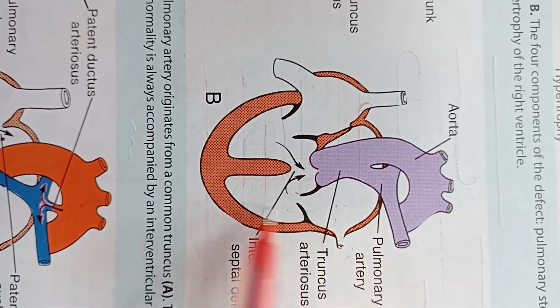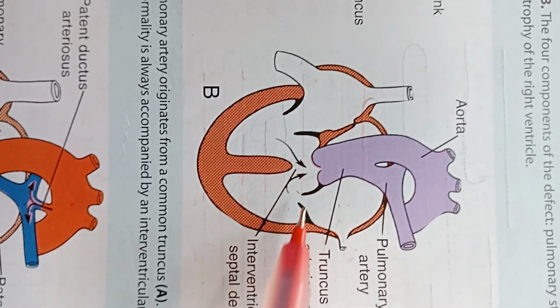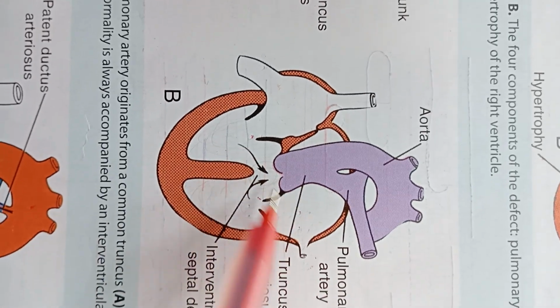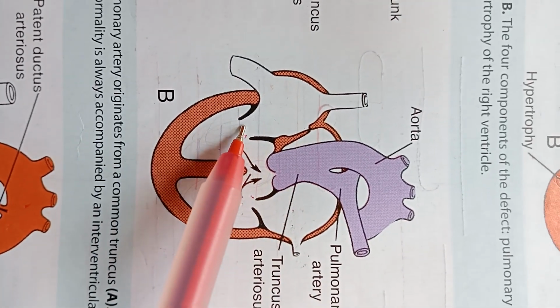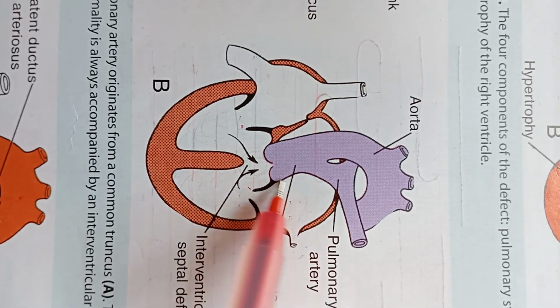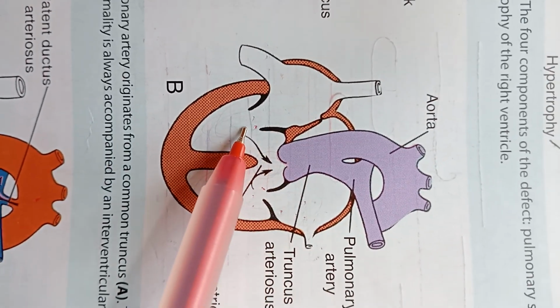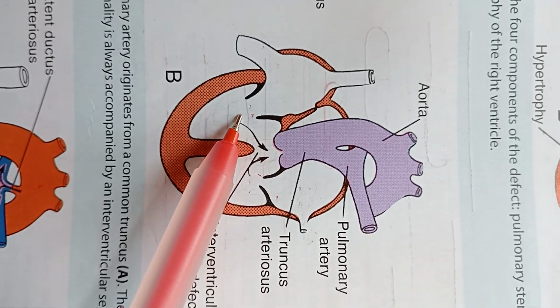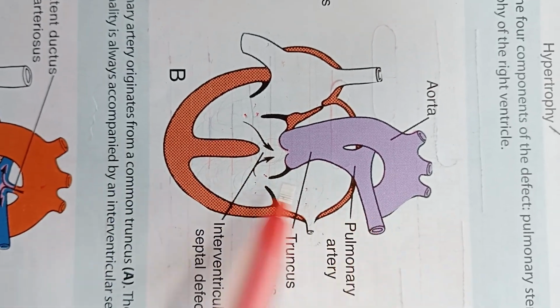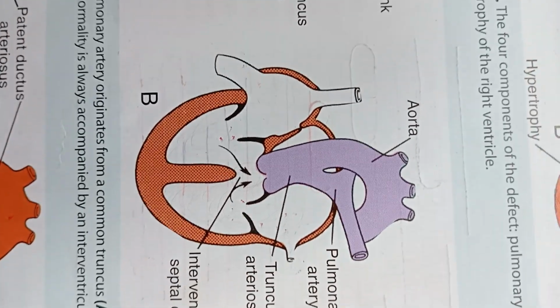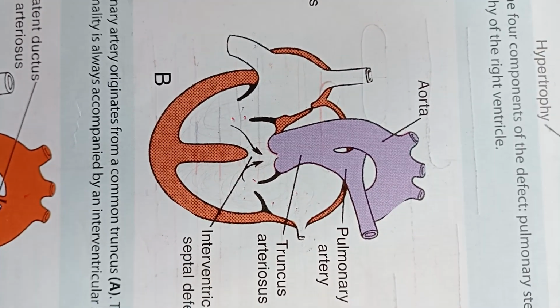Due to more pressure on the left side, the blood goes from higher pressure to lower pressure. So the shunt is from the left side to the right side. The oxygen saturated blood goes to the right side, and then circulates throughout the body. So there is no change of color of the skin, sclera and mucous membrane.